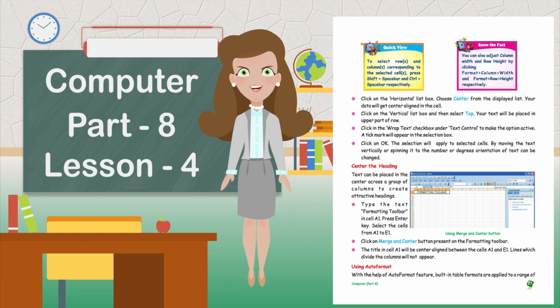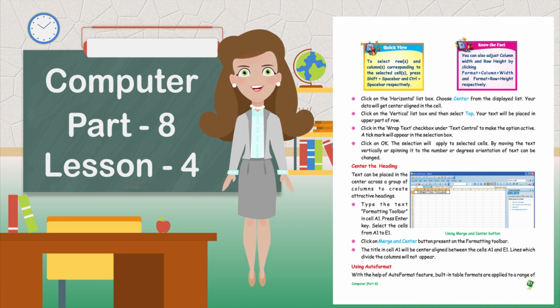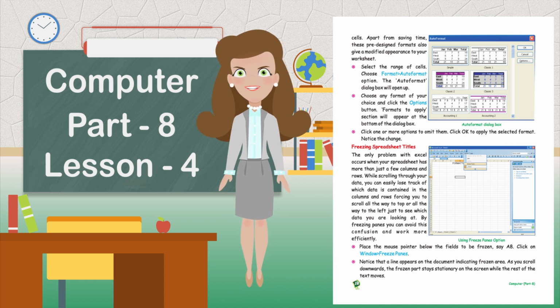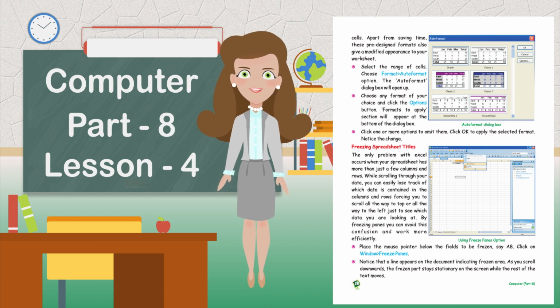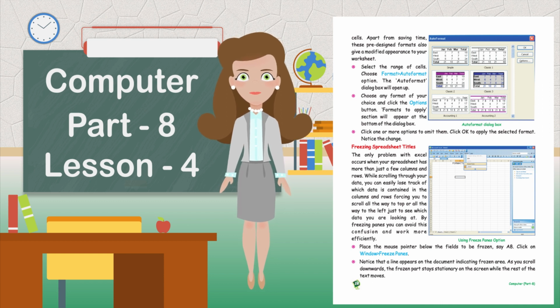Using Auto Format. With the help of Auto Format feature, built-in table formats are applied to a range of cells. Apart from saving time, these pre-designed formats also give a modified appearance to your worksheet. Select the range of cells, choose Format, then Auto Format option.